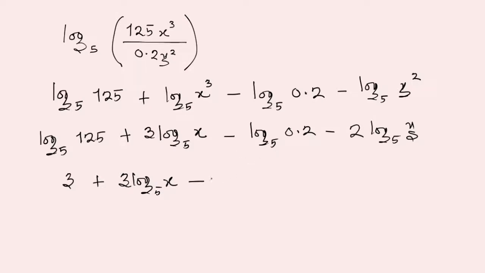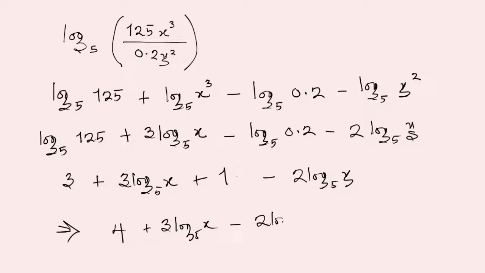So this is equal to minus 1, and this is equal to 2 log to base 5 of y. Minus times minus in this case is going to be equal to plus, so we can rewrite this as plus 1. And that will be 4. This is 3 plus 1 here, 4 plus 3 log to the base 5 of x minus 2 log to the base 5 of y. Final answer.